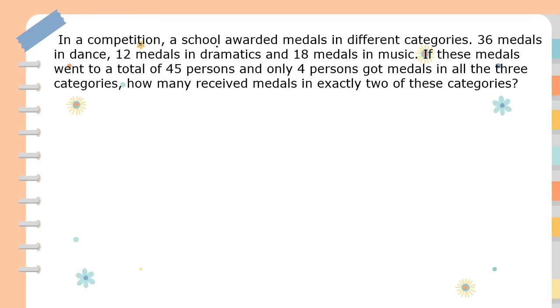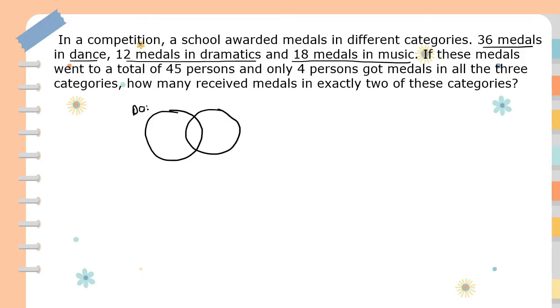In a competition, a school awarded medals in different categories: 36 medals in dance, 12 medals in dramatics, and 18 medals in music. So this is a 3 variable question. Let us assume this is dance, this is drama, and this is music.